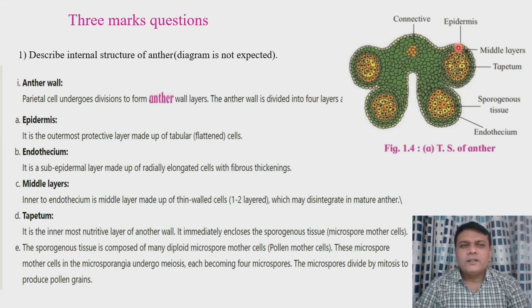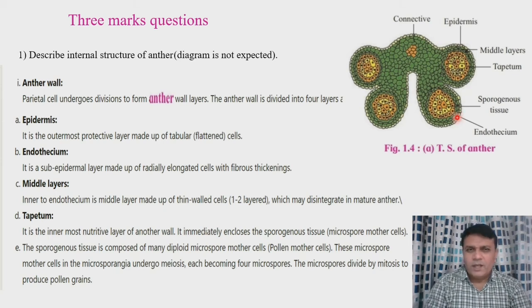Then the second layer inner to epidermis is endothecium. So here we can see inner to epidermis is endothecium, and this endothecium is made up of radially elongated cells with fibrous thickenings. Then comes the middle layers.